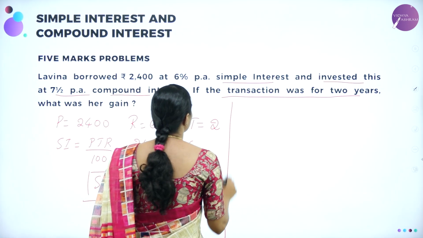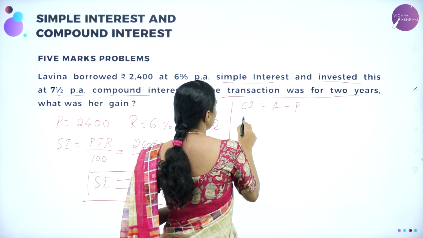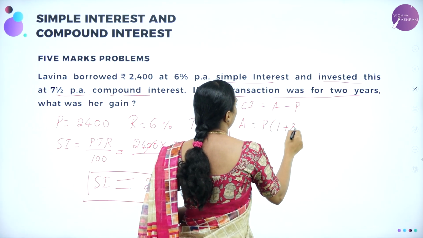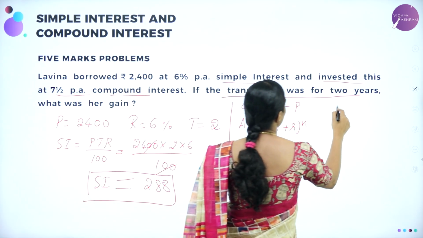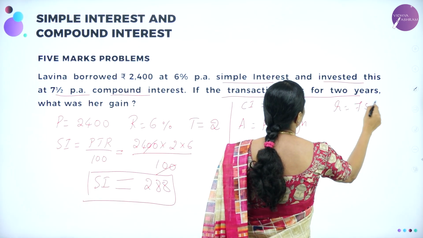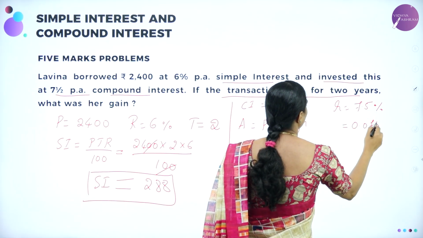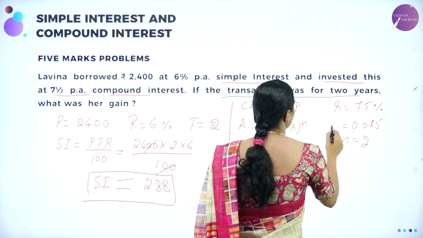For the compound interest, we know that CI is equal to A minus P. Now what is A? A is equal to P into 1 plus R to the power of N. They have given R as 7.5%, so we can write it as 0.075. And then N, they have given it as 2 years, isn't it?